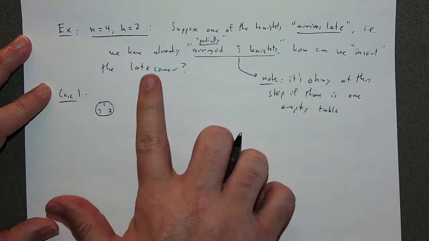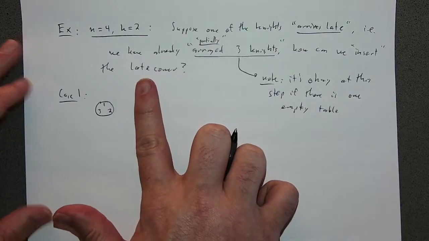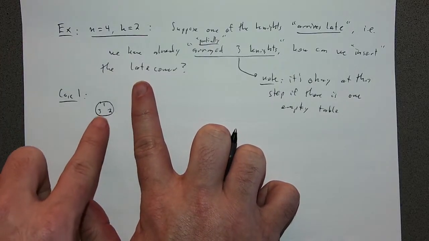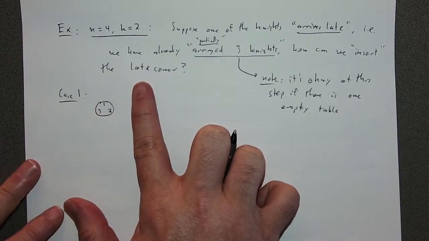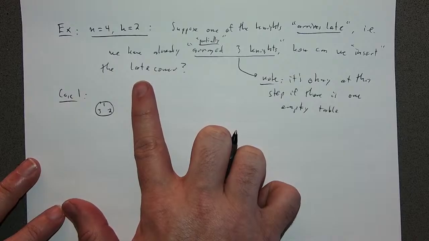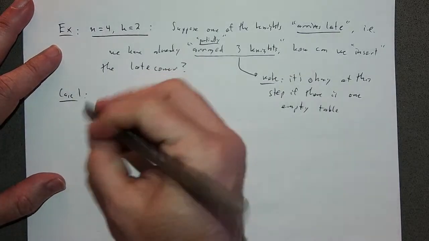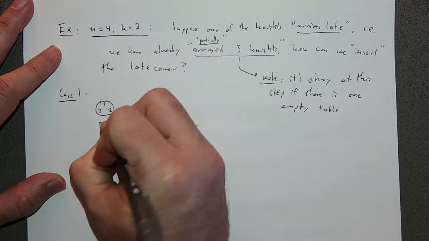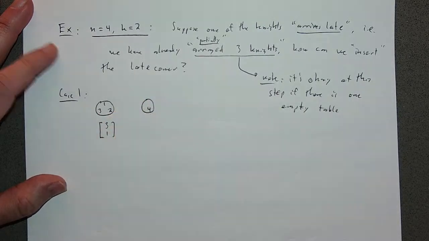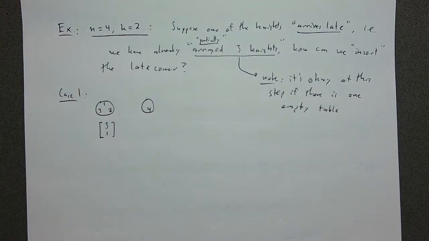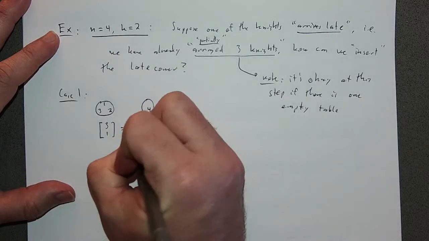And so that is really not contributing to my count here. What's really contributing to my count is the number of different ways to arrange these first 3 knights, right, at the first table. But that is just the Stirling cycle number 3-1. And of course, there's 2 ways of doing that.